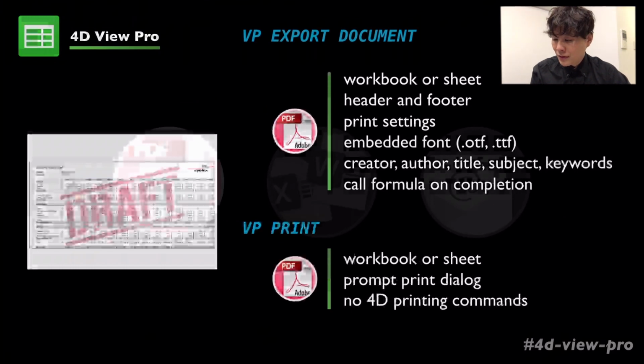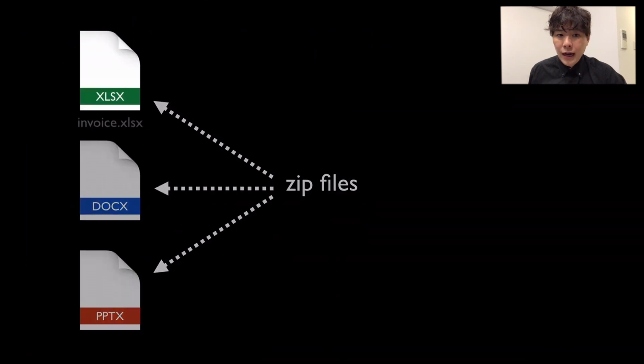Now let's move on to working with Office documents. Office documents are actually zip files with a different file extension. For instance, if you change the extension of an Excel spreadsheet to zip and then open it, you should get a folder.